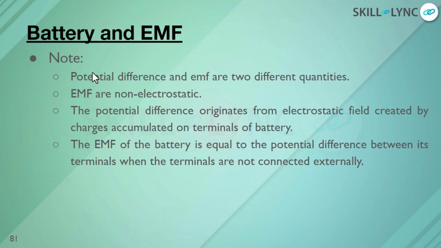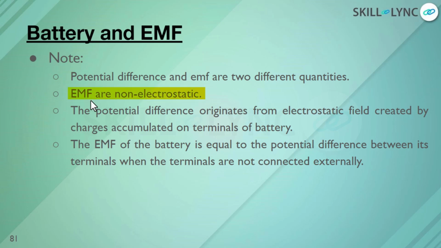The points to be noted here are that potential difference and EMF are two different quantities. As we saw, there was a potential difference between terminal B and terminal A, which caused an electron to move from terminal B to terminal A using a force Fb, whereas EMF has been defined in the previous slide as work done per unit charge.